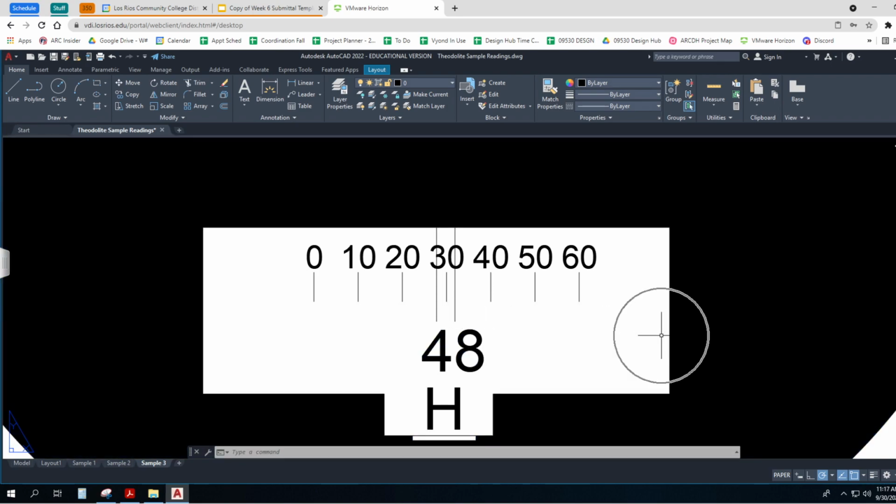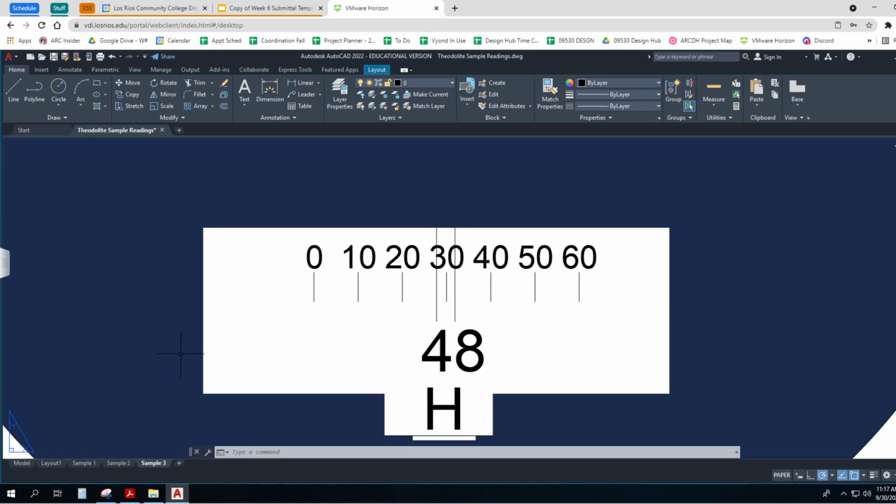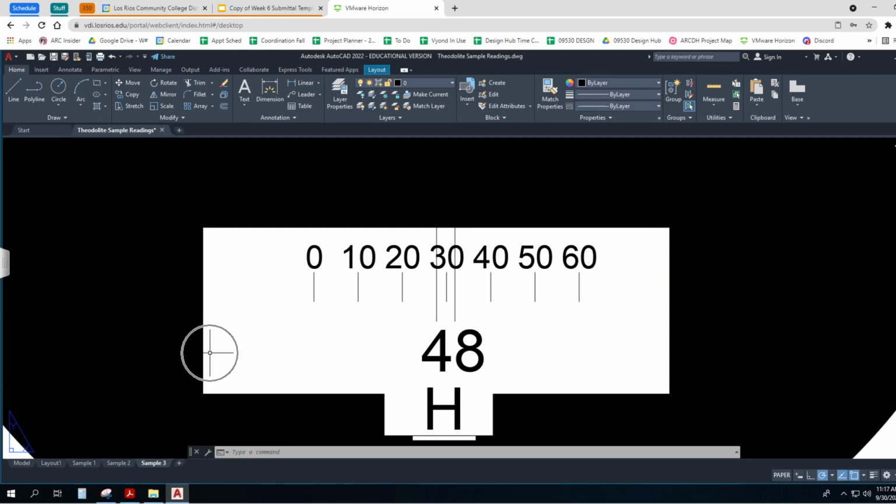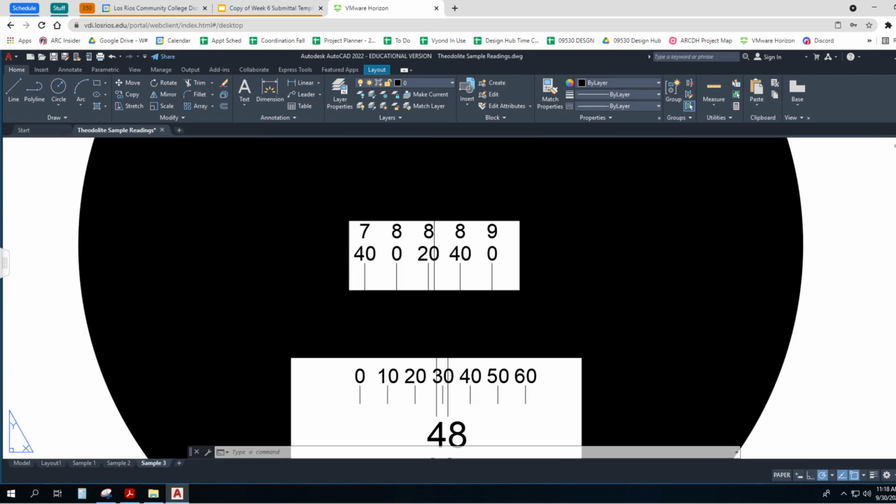I would just barely be seeing a 49 and just barely be seeing a 47. So 48 degrees, 30 minutes. And then I would get a little bit closer. 30 plus 8. 48 degrees, 38 minutes.